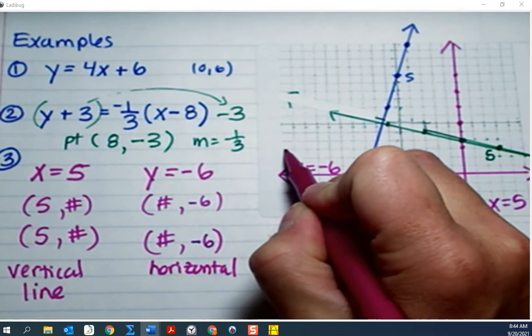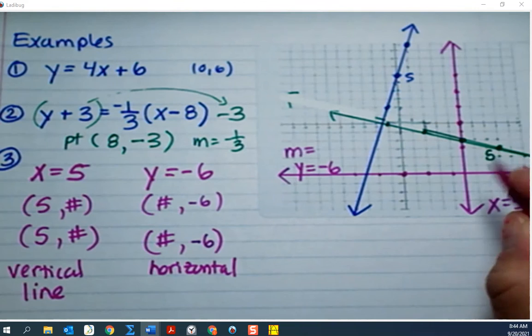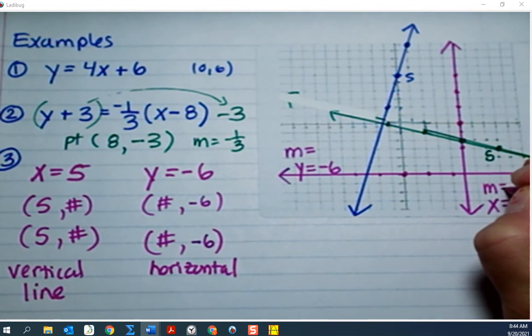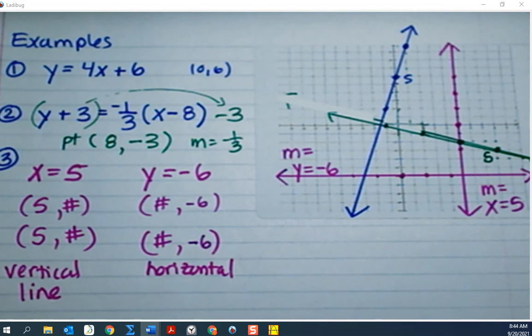All right, so I just want you to label what the slope is of each of those lines. You can label it on the graph, that's fine. So just look at it and see what your slopes would be. And I want 2 different volunteers to tell me what the slopes are. Yes, Maya? Y equals -6 has a slope of 0.